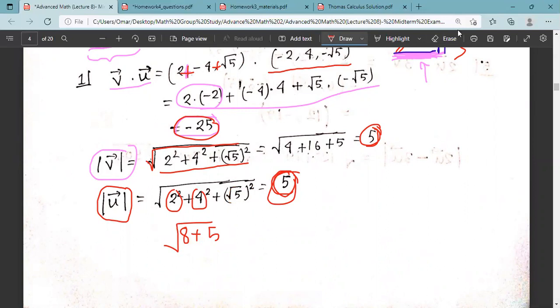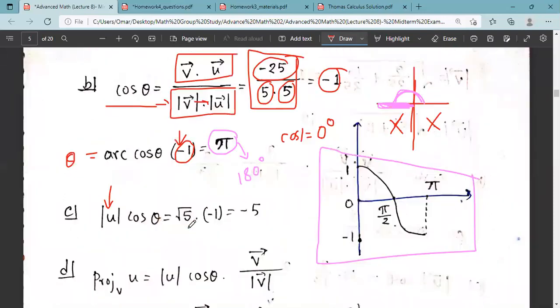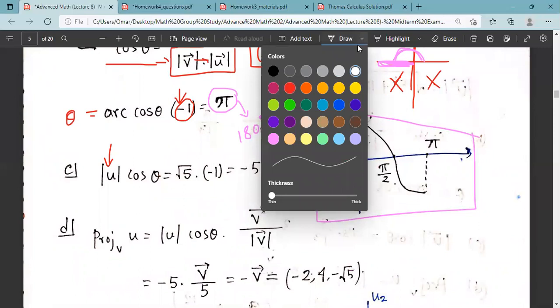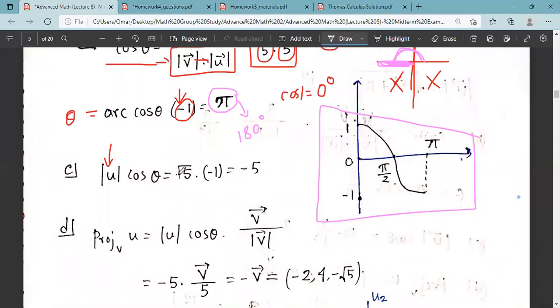Oh sorry, my mistake: 16 plus 20 is 25. Root over 25 is 5, right? So why have I written root over 5 here? It needs to be 5, not root over 5. This is my writing mistake.